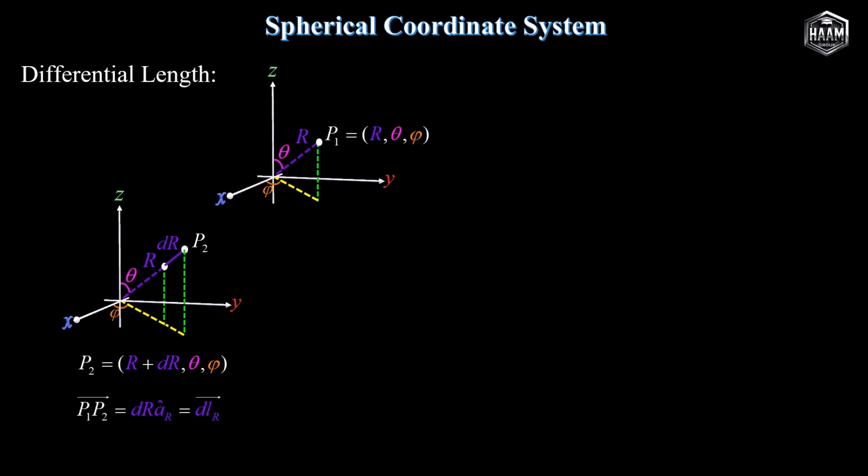Now, suppose we have point P1 and we add a differential d theta to its theta coordinate to obtain P2, assuming capital R and phi remain constant. In that case, point P2 is located as shown in the figure.